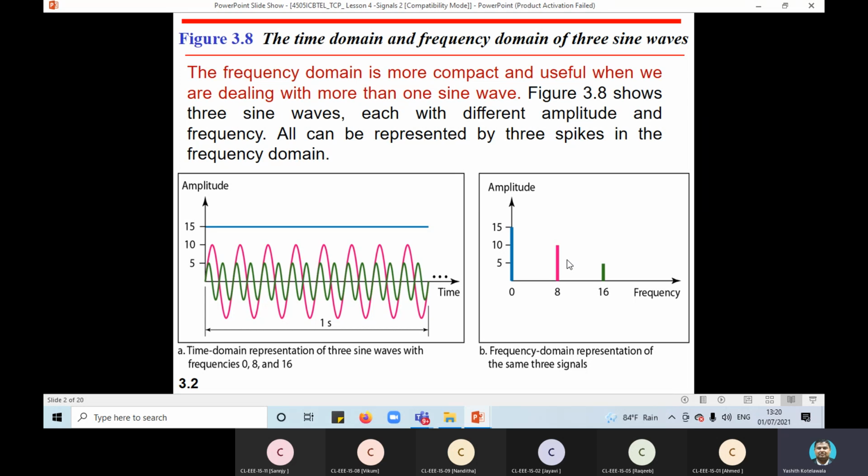So you see that on the frequency domain graph, x-axis is frequency, and we just have a vertical straight line to represent the wave component right on top of 16 hertz, which is having a height of 5 volts when it comes to amplitude, and 8 hertz on top of 8 having a height of 10 volts.